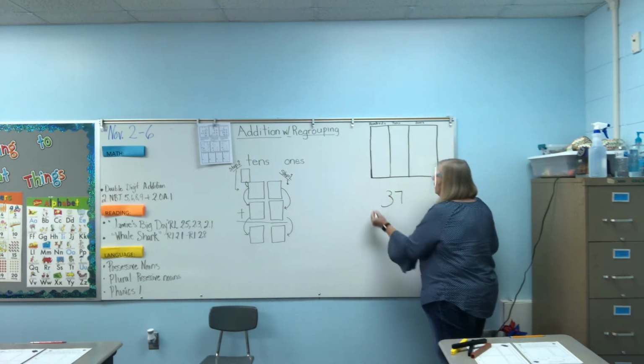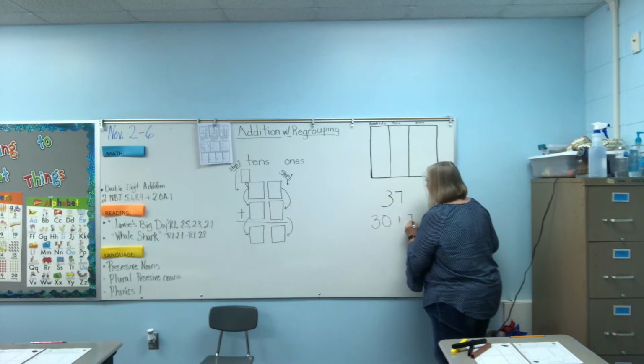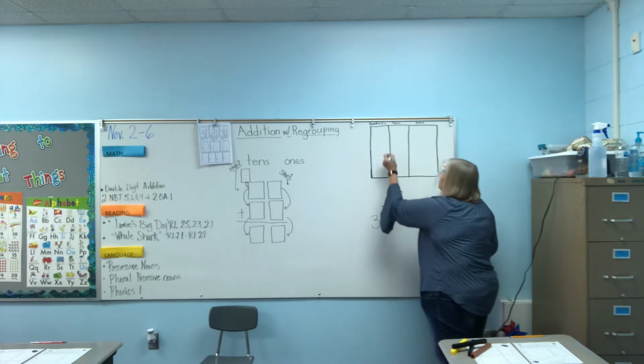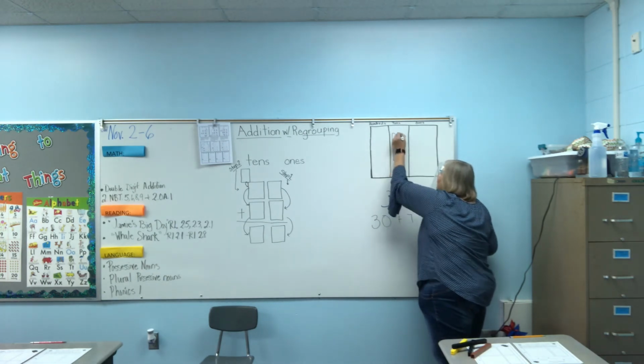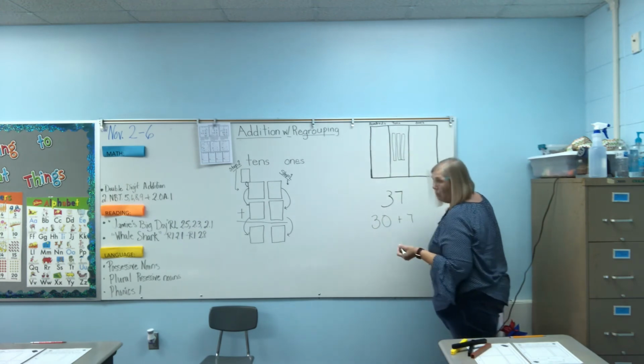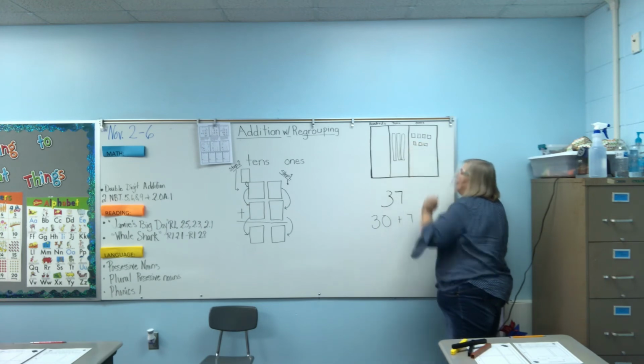That would be 30 and 7. So 3 tens, 1, 2, 3, and then how many ones would that be? 1, 2, 3, 4, 5, 6, 7.